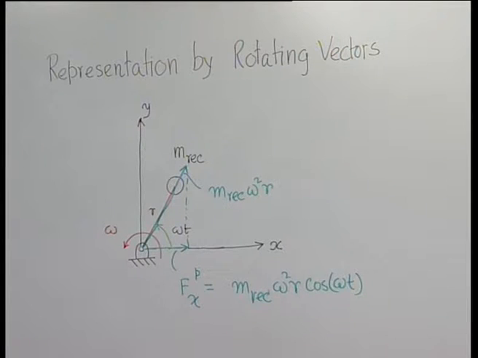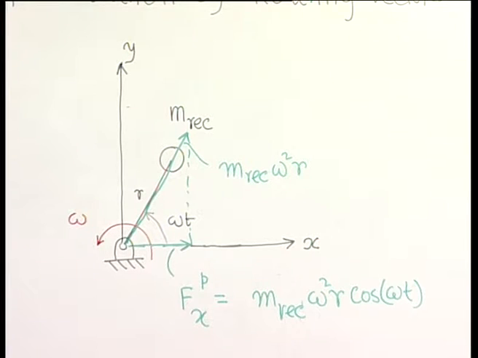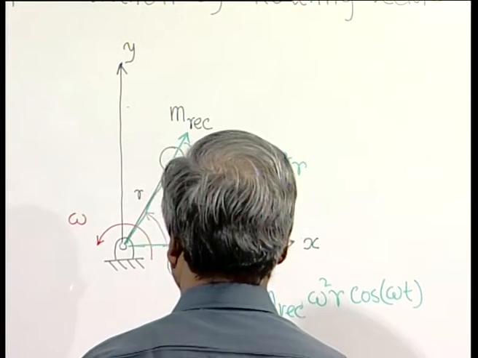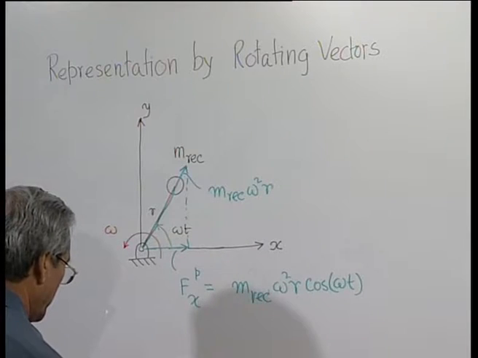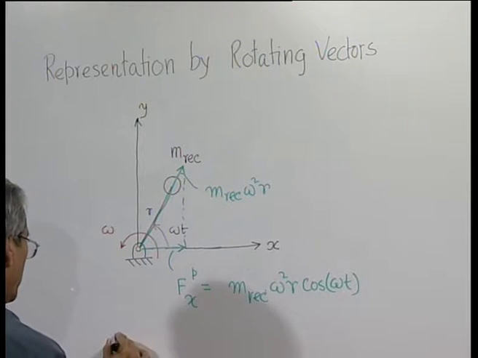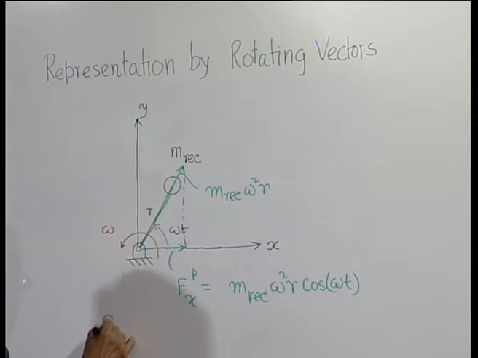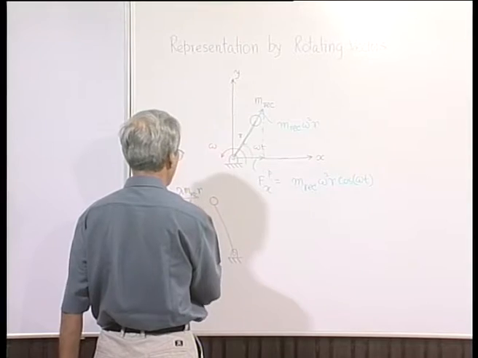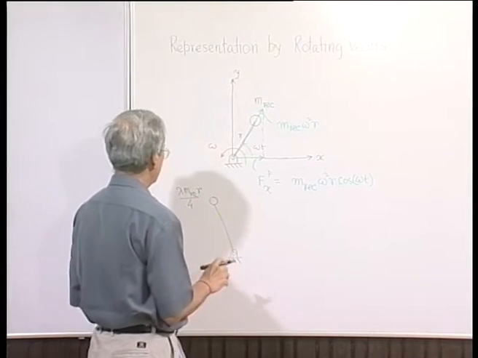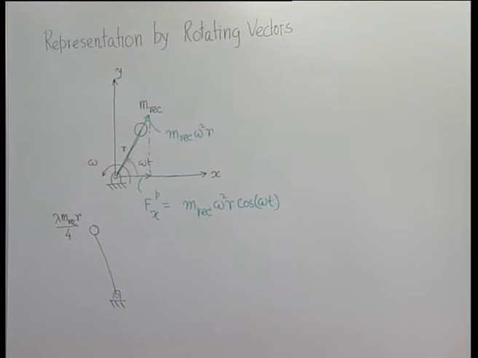Now, if this is the primary component of the unbalanced force produced in the system, what about the secondary? Now, to represent the secondary one, we use another crank and we keep the mass which is lambda m reciprocating by 4, not r, sorry, at an r distance.